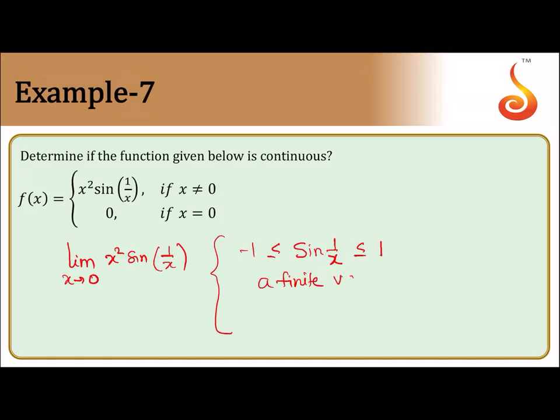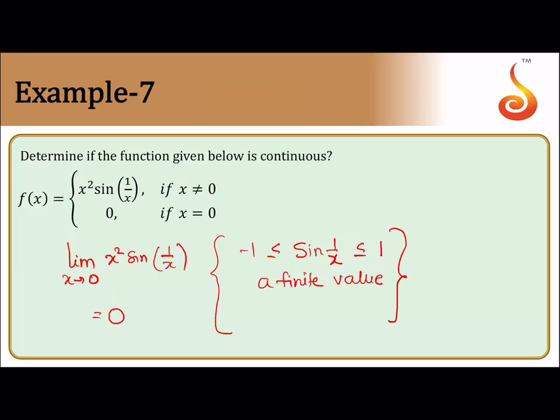Sin 1 by x always lies between minus 1 and plus 1, a finite value. So a finite value multiplied by 0 is always 0. So this value is already 0 clearly.